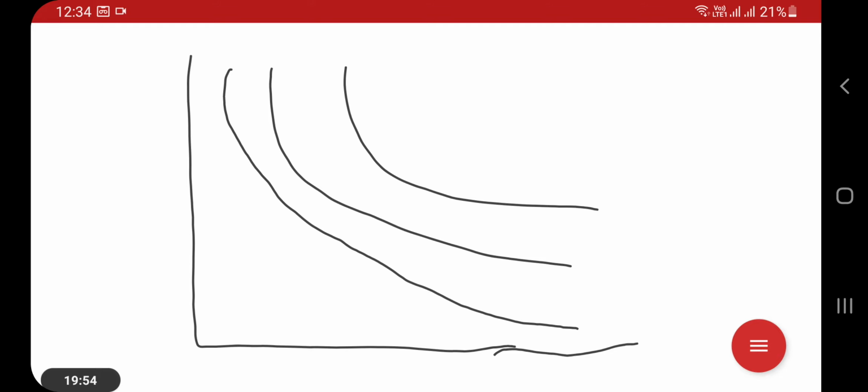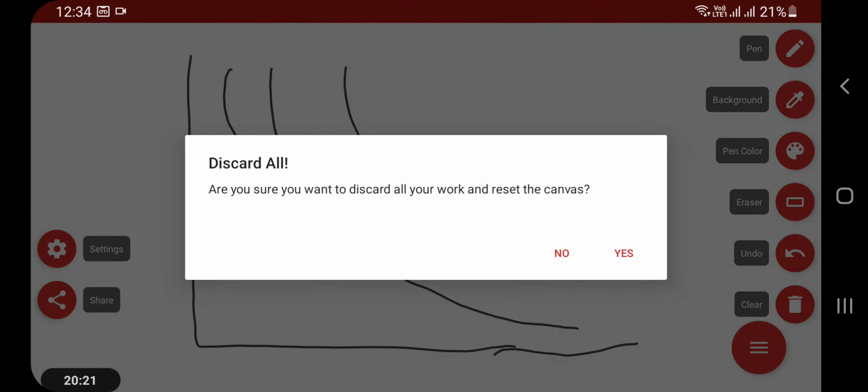Isoquant is the locus of all those combinations of labor and capital which yield the same output. Let us just understand this diagram.